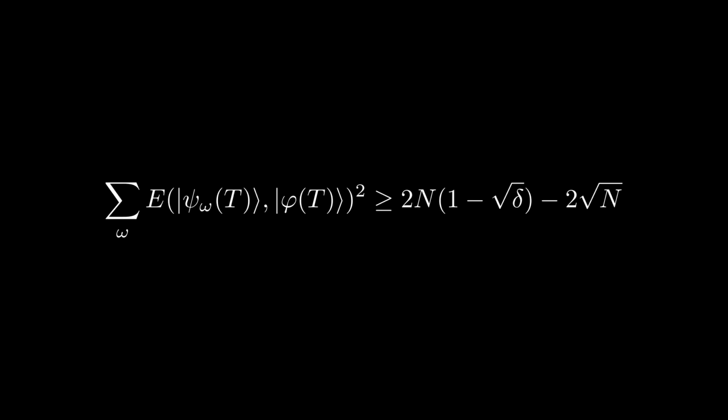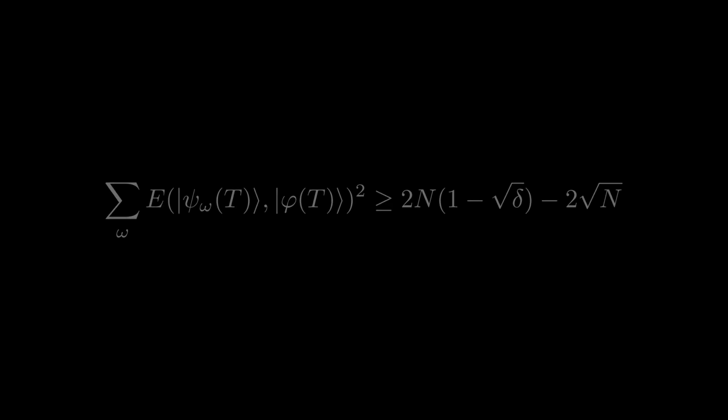Lastly, if we apply Cauchy-Schwarz to this sum, treating it as an inner product between pi omega phi t norms and a 1's vector, we can upper bound the sum, and therefore lower bound the whole expression by introducing this 2 square root n term.